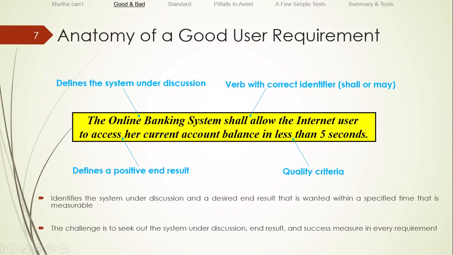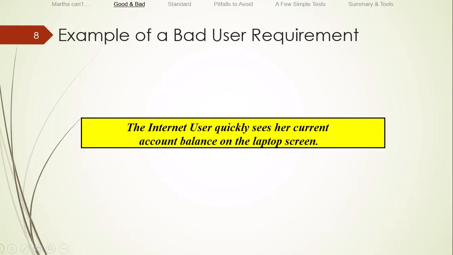Now, this was the example of a good user requirement. This means that there is nothing wrong with this sentence. But if you observe this one, there is something which is not well written. For example, the internet user cannot be the subject of a requirement; this means we cannot write a requirement on the internet user.